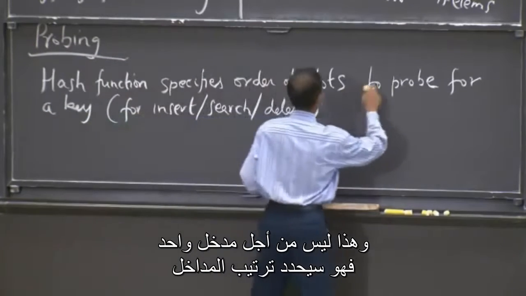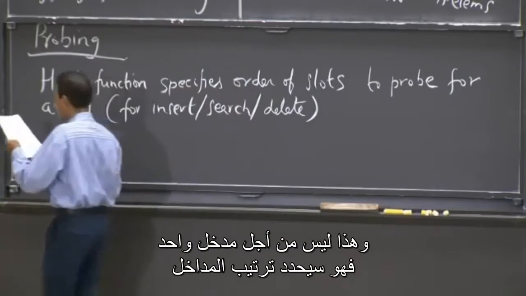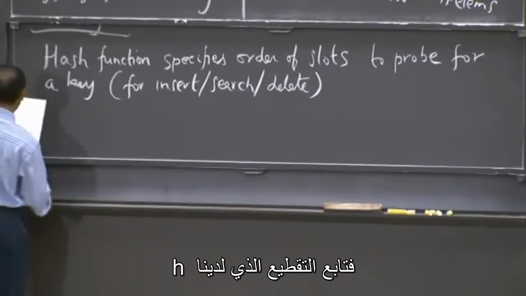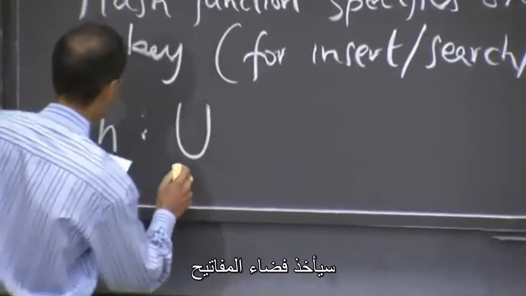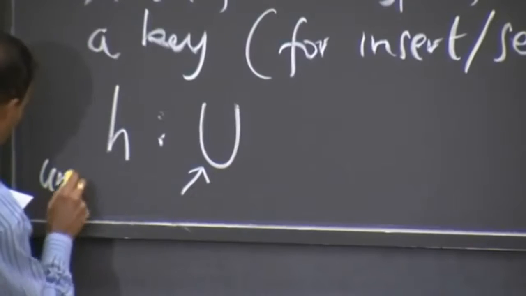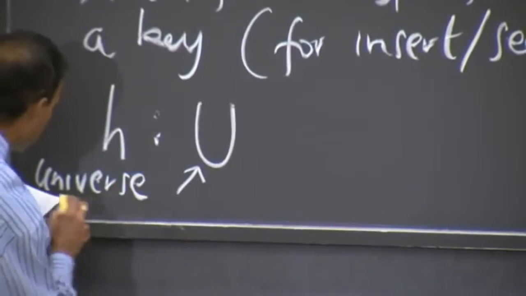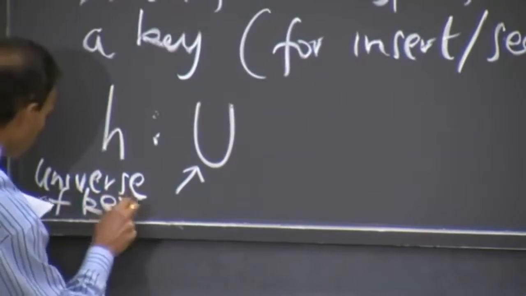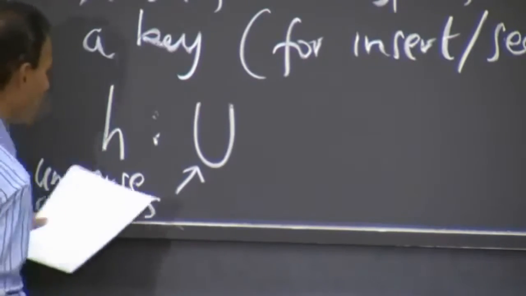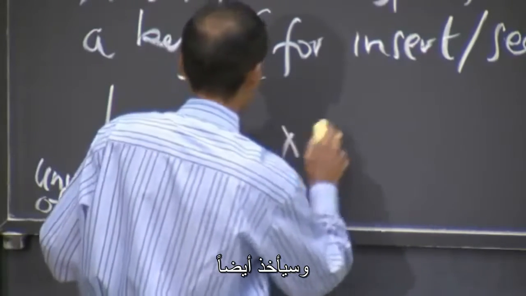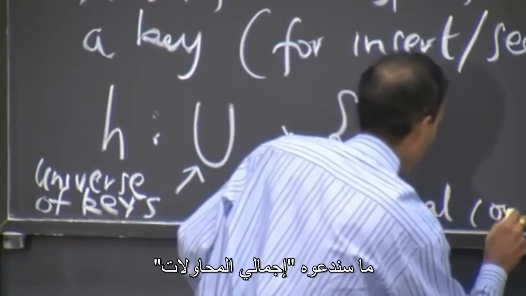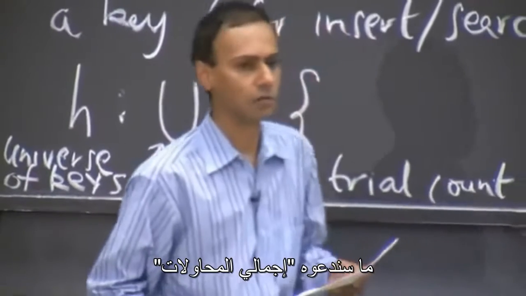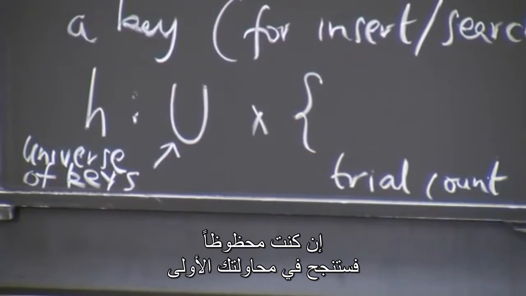And this is not just for one slot. It's going to specify an order of slots. And so our hash function, h, is going to take the universe of keys and also take what we're going to call the trial count. So if you get lucky in your first trial, great.